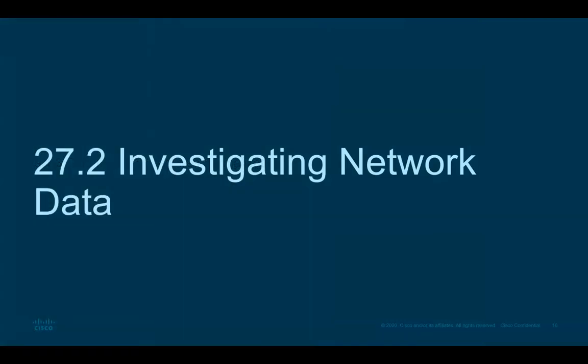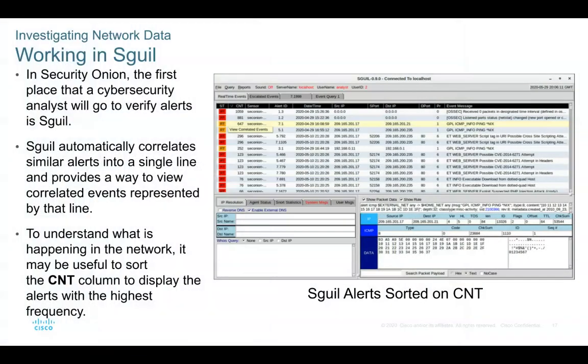All right, now let's look at investigating the network data itself. Hopefully we are familiar with the Squil dashboard, so you don't have to take a picture of this, because I think you did that before. The first thing you are going to do as a security analyst is come to Squil and look at the alerts, and look at the statuses to see which ones are red.